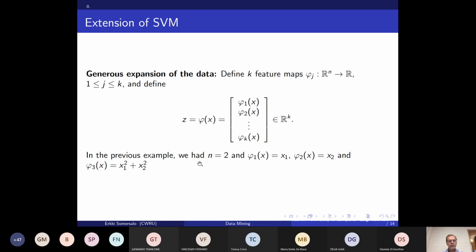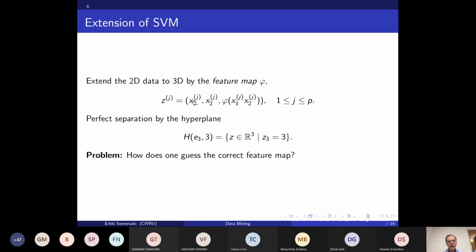In the previous example, we had n equals 2, so we had 2-dimensional data. We decided that the first feature map phi1 was just giving the first component, the second feature map was giving the second component, and the third feature map was giving the sum of the squares of x1 and x2. So let's go back so you see that this is what we had. Here's the first feature map, simply picking the first component.